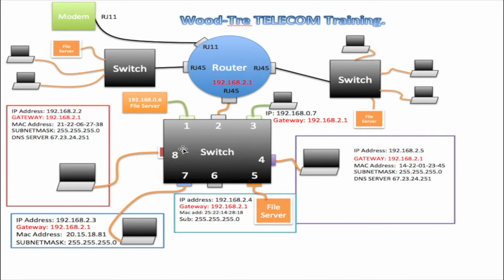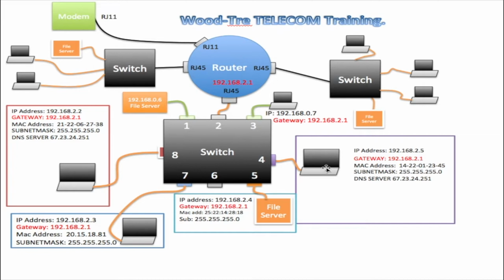It sends a message to all the ports within the switch asking who is 192.168.2.5. None of these computers attached to the switch would reply unless they have that IP address, 192.168.2.5.